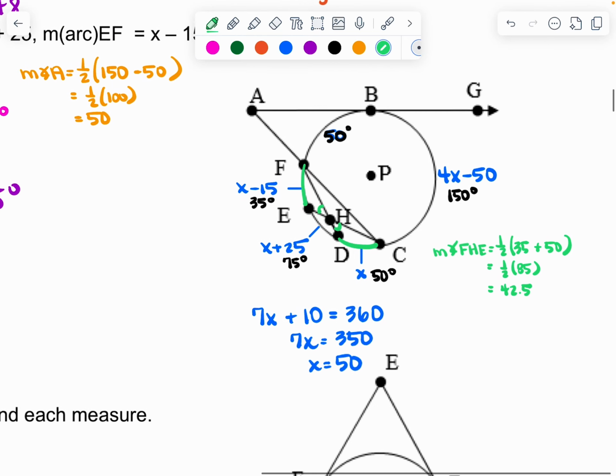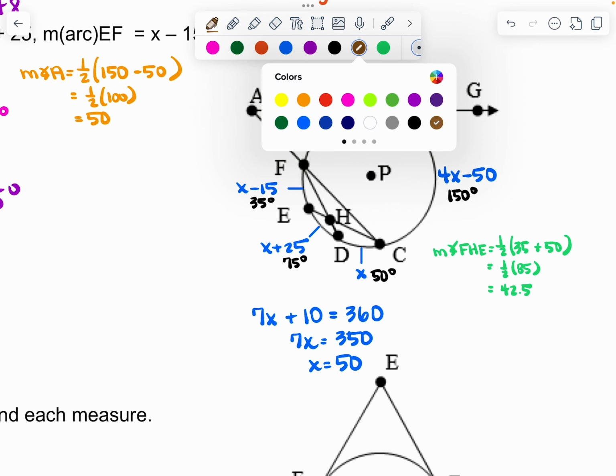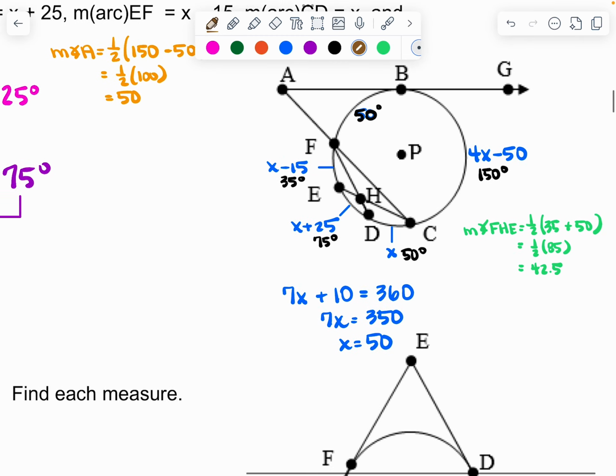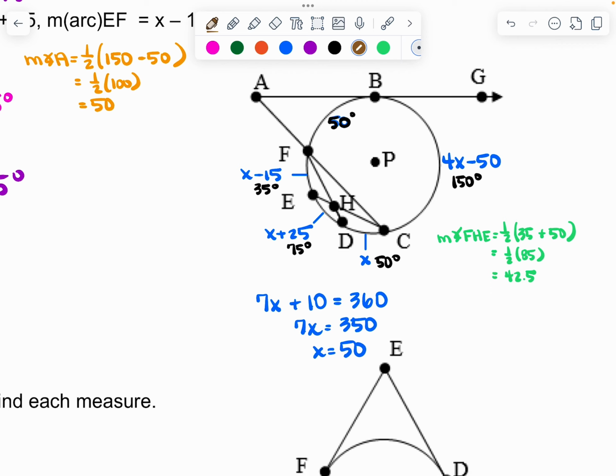All right. Then, hold on, let me erase the mess so I can start fresh. There we go. I'll go with brown. Now what are we doing? CFD. Where's F? Oh, there we go. CF. I'm tracing it with my brown pen here. CFD.